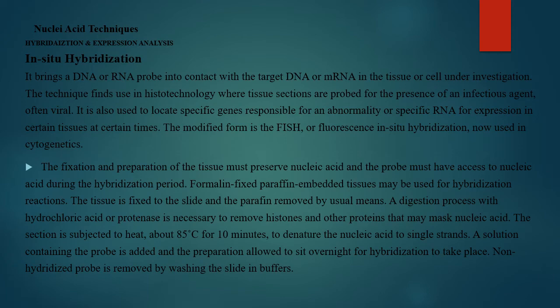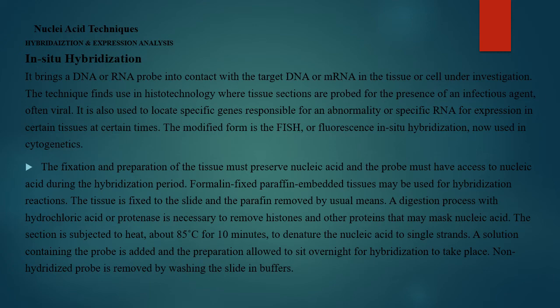Now the technique finds use in histotechnology, where tissue sections are probed for the presence of an infectious agent, often a viral agent. So you want to find out if a particular cell has been infected by a particular virus. You can use in situ hybridization, where you don't first break up the cell before you determine whether it is bound to something.